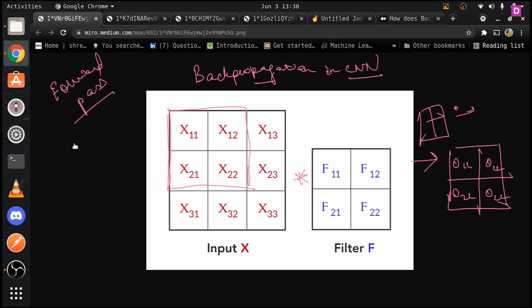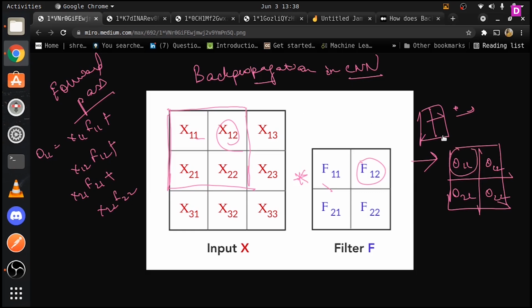So O11 will be equal to X11 into F11, plus X12 into F12, plus X21 into F21, and finally X22 into F22. So this is how we get our value O11.